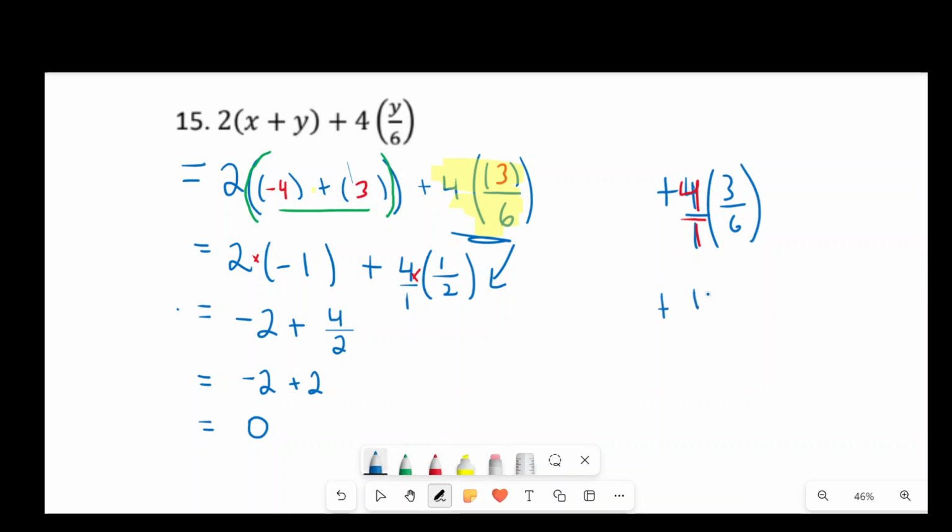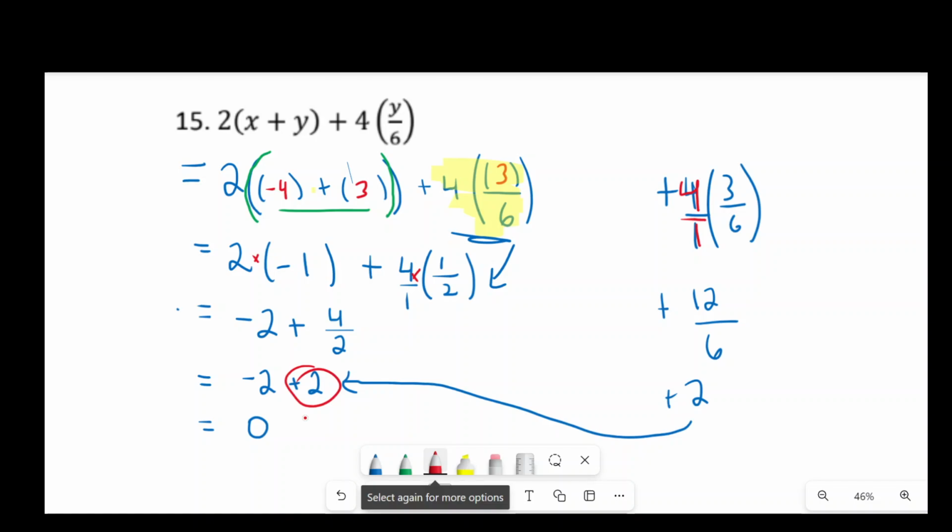So top times the top, 4 times 3 is 12. Bottom times the bottom, 1 times 6 is 6. 12 divided by 6 is 2. So I could have got this value of 2 in a slightly different way. Either way, you'd end up with -2 plus 2 equals 0.